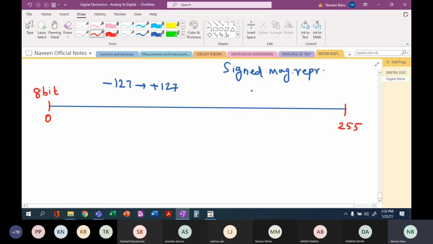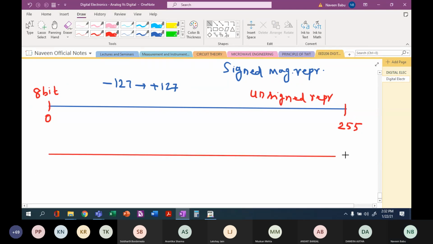In case of a signed representation, the minimum value is minus 127 and the maximum value is plus 127.